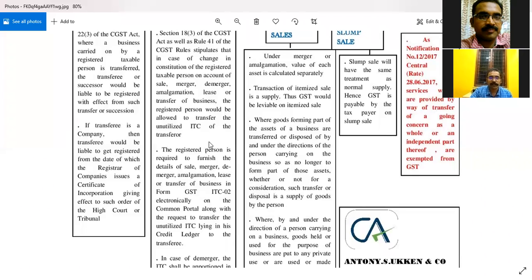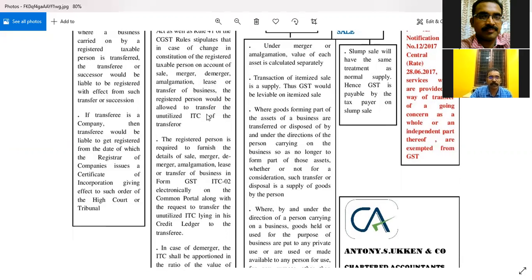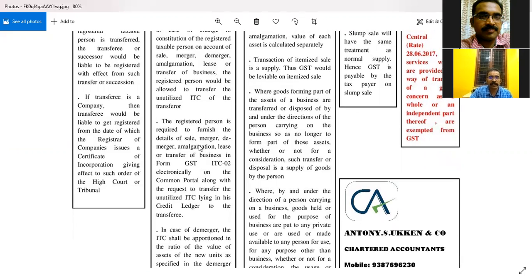In that case, the registered person will be required to furnish the details of sale, merger, demerger, amalgamation, lease, or transfer of business in any other form.